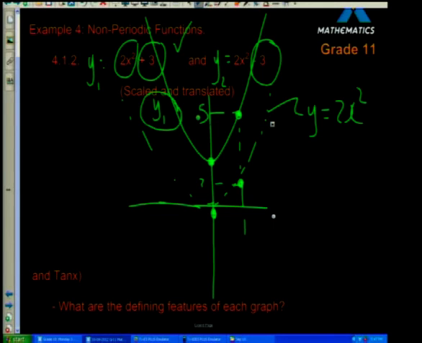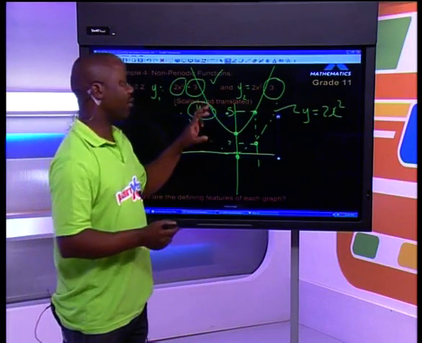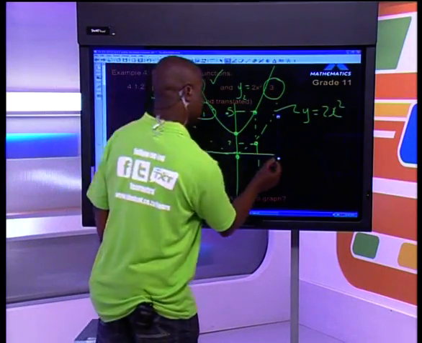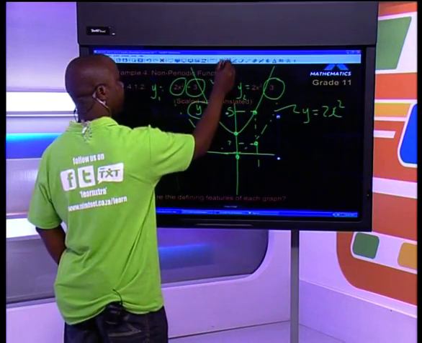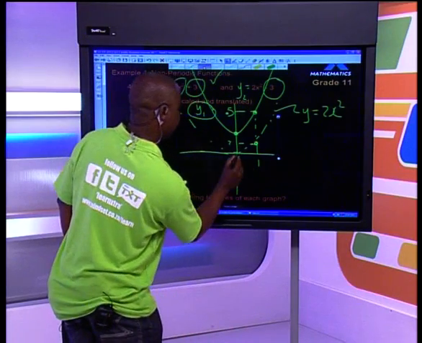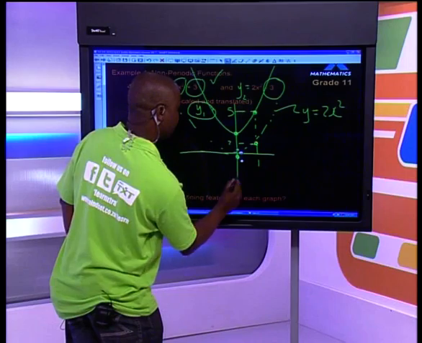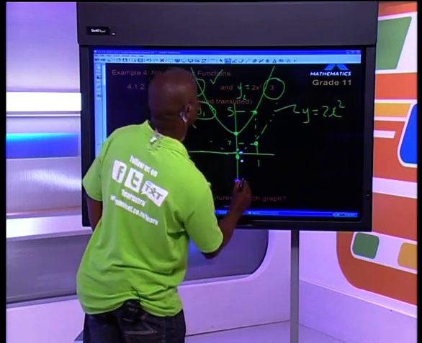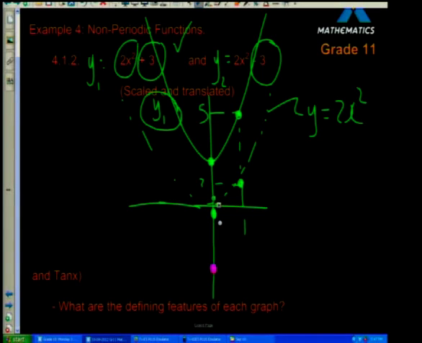Then you've got Y2, which says subtract from each Y value on the parent graph, on the graph of 2x squared, take away 3 units. And then you're going to end up, let me just use a different pen there. You end up with, if it was 0, now it will be moved, how many units? 3 units down. So you end up at -3. Did I say 2 there?